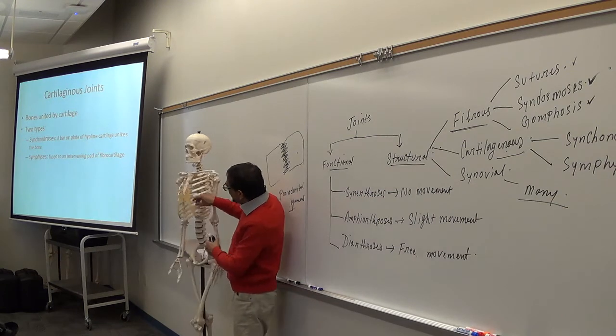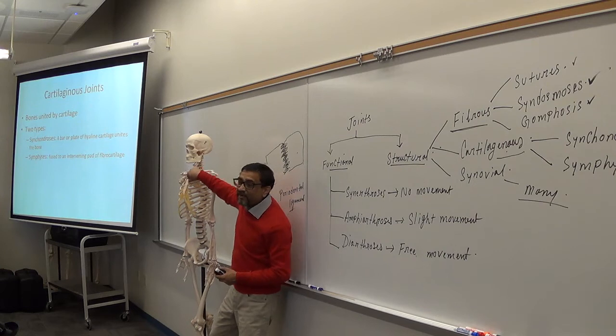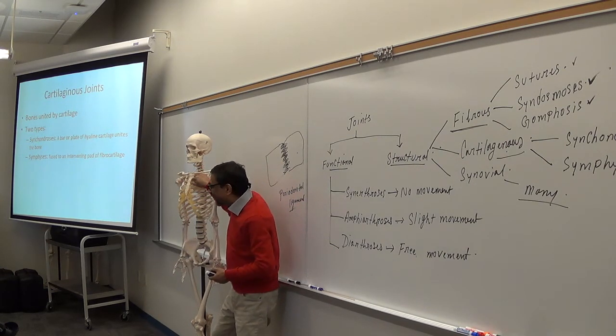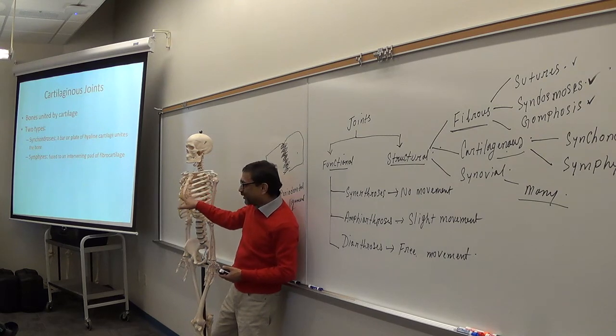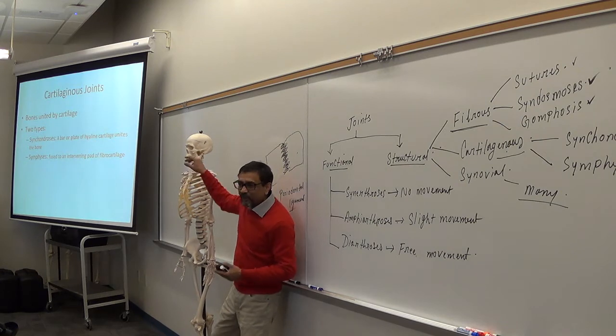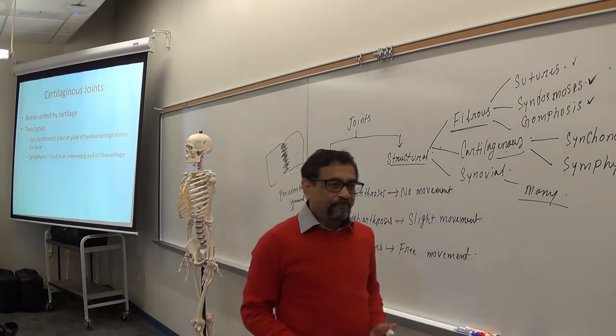Why? Because if you see inside these joints, other ribs, you will see cavity. Remember I said that in synovial you have cavity and fluid is there, right? So we see cavity inside and fluid. This one doesn't. So this is purely cartilage.